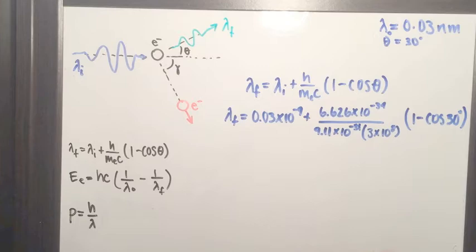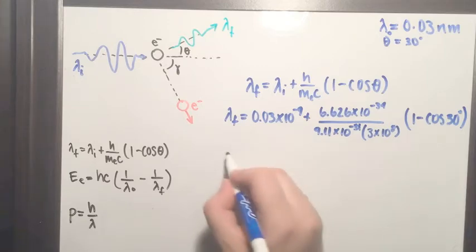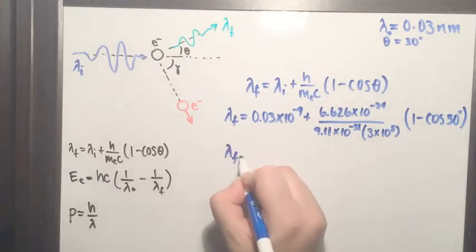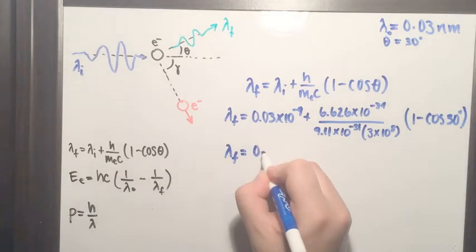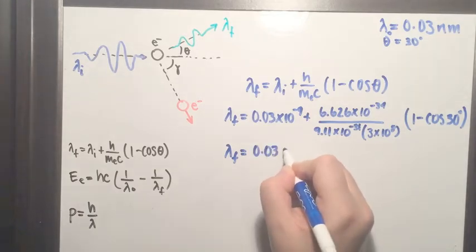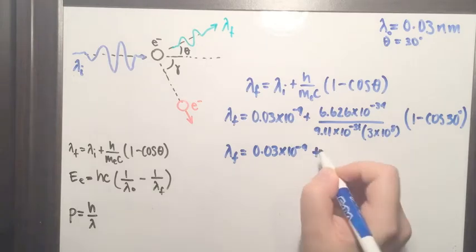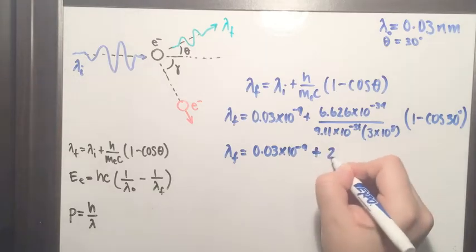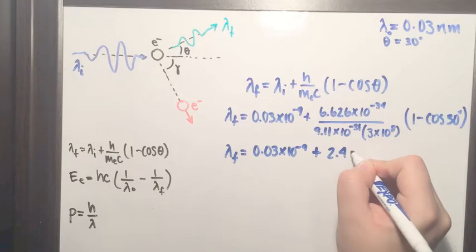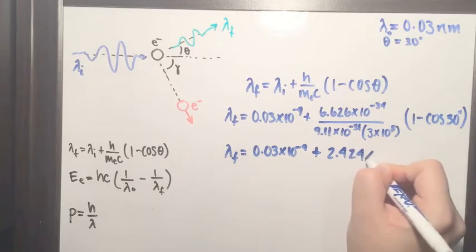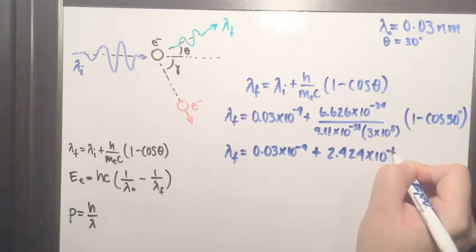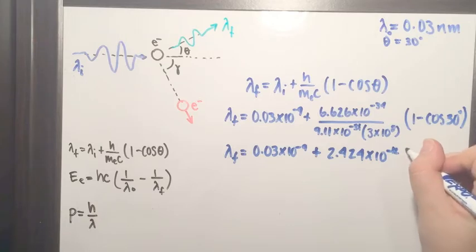Plugging this into our calculator, we get lambda final is equal to 0.03 times 10 to the minus 9 plus 2.424 times 10 to the minus 12 multiplied by 1 minus cos 30.